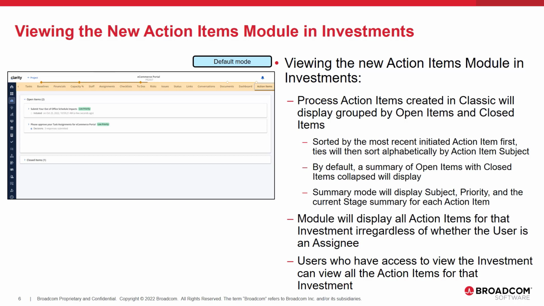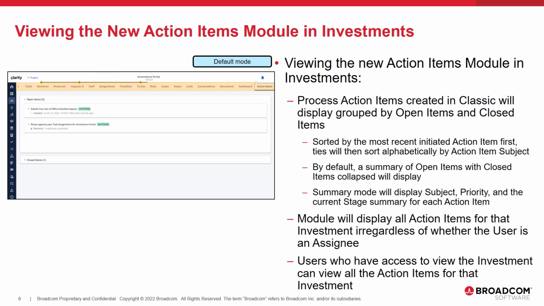In summary mode, we're displaying the action item subject, priority, and current stage for every action item. Underneath the open and closed groupings, the action items are sorted so that the most recently initiated action item appears first, and if there are any ties, the second sort criterion is subject.